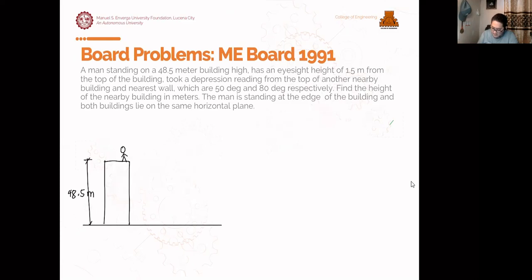Took a depression reading from the top of another nearby building. Okay? So mayroon siyang katabing building, and then mula dun sa kinatatayuan niya, meron daw siyang eyesight na 1.5 meters. So ano yung 1.5 meters from the top of the building? So an eyesight height. So eyesight height ito yon, ano?